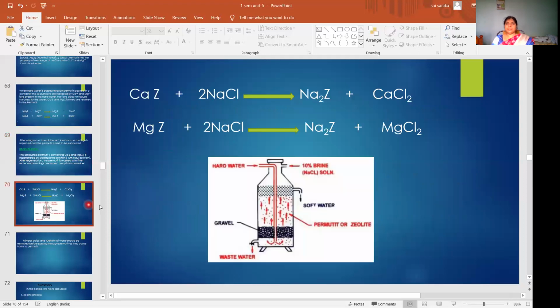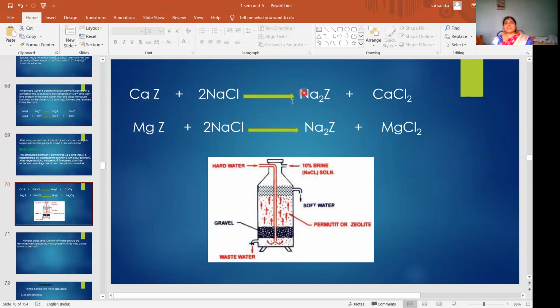We will see here. We said already that calcium and magnesium zeolites which are formed will be retained in the permutit. When you pass brine solution, that is 10% NaCl solution, this NaCl solution will react with calcium zeolite and magnesium zeolite. The calcium and magnesium ions are replaced by the sodium ion.